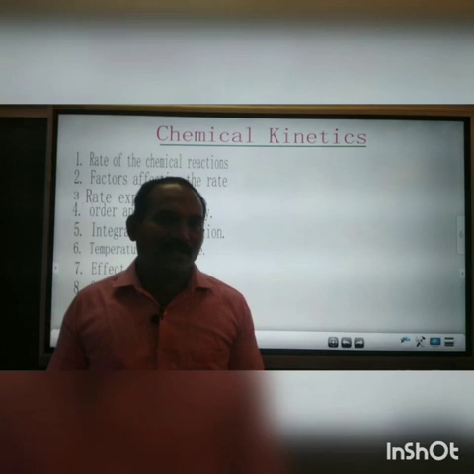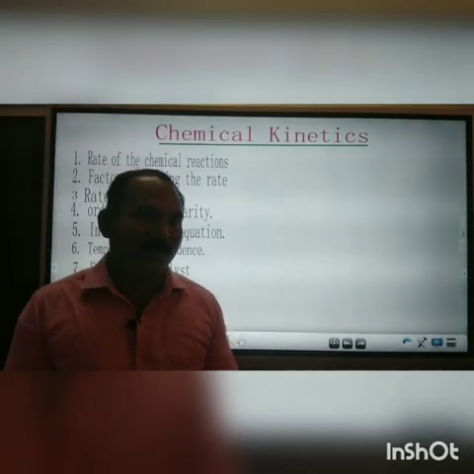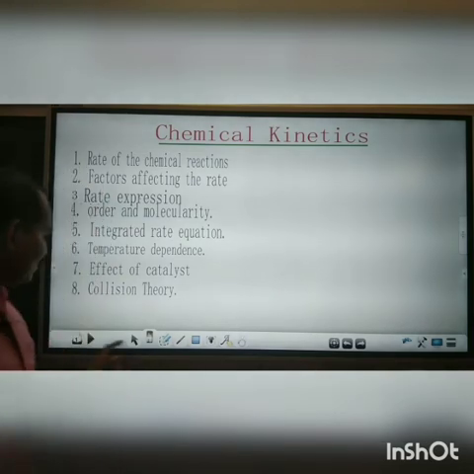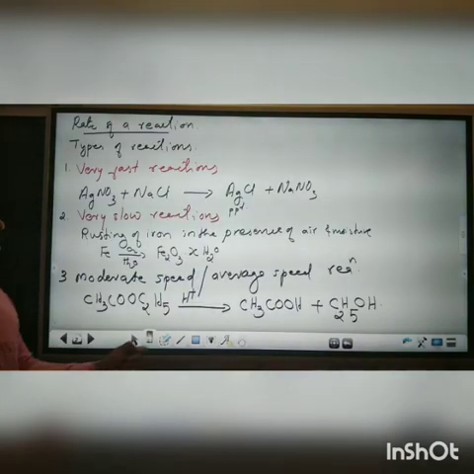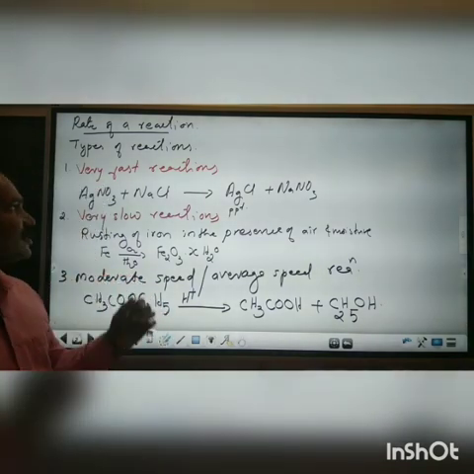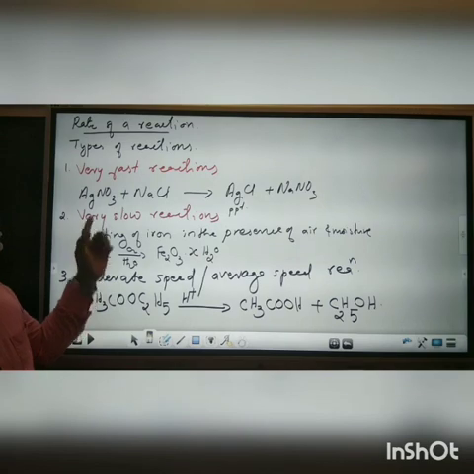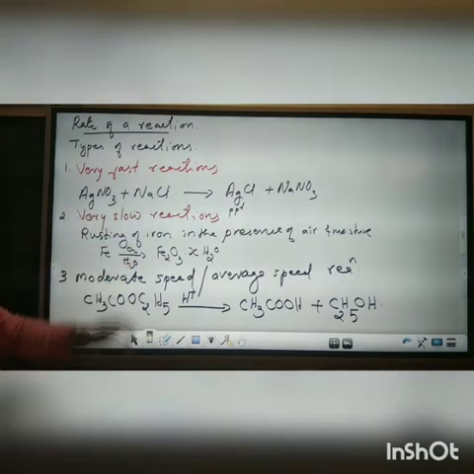Okay, then we move to the rate of the reaction. We know there are different types of reactions: very fast reactions, very slow reactions, and moderate or average speed reactions. The reactions can be classified mainly into three types. One is very fast reactions.